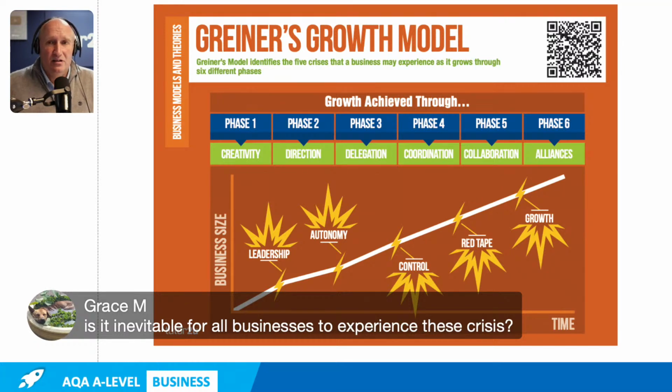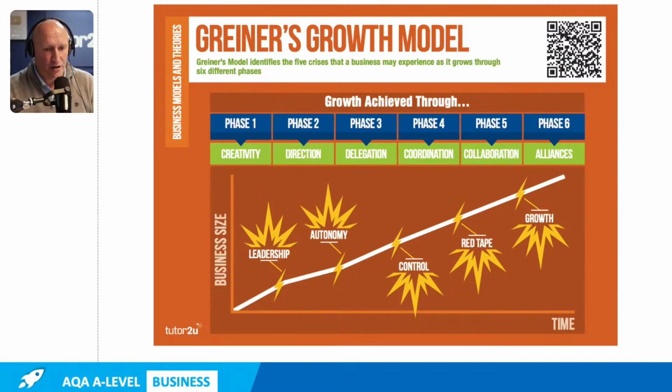They just grow, and they bring in new resources, and they develop their organizational structure, and they try to make sure that there's not too much bureaucracy, and they try to delegate where they can and decentralize where they can. And they're well run, often by bringing in new management as they go. So no, it's not inevitable that any of these crises will occur. That would be my answer to that question.